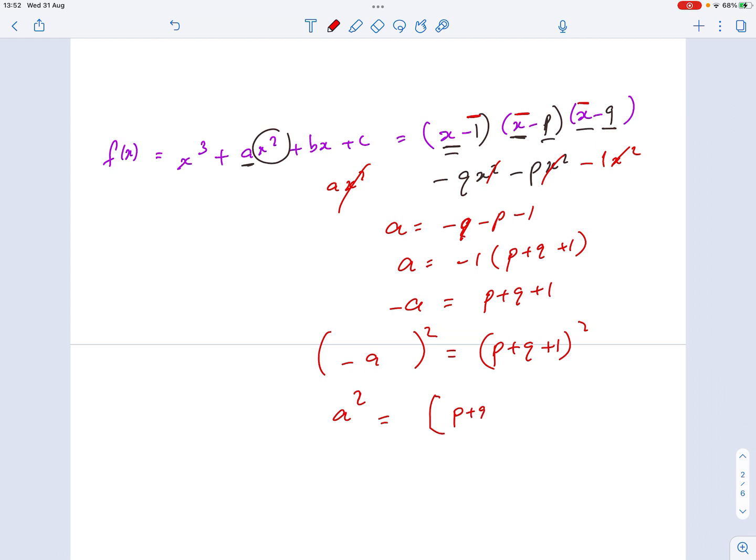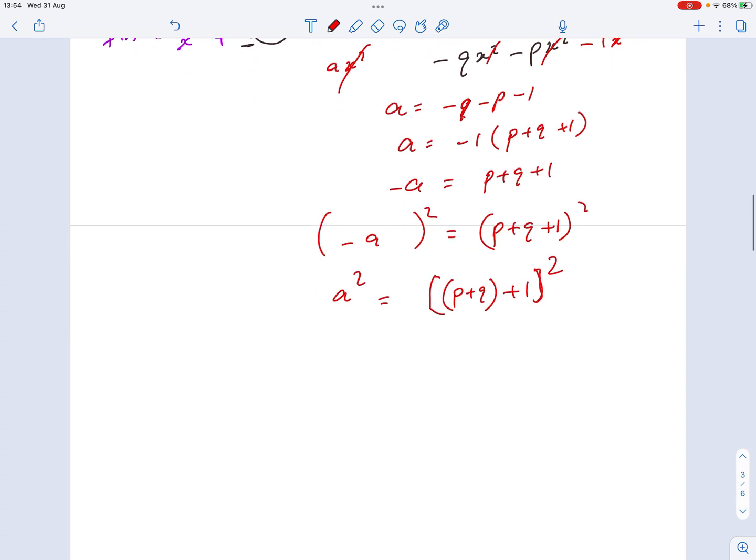I'm going to write this a little bit differently. Okay, plus 1 squared, and then expand that. So this is p plus q squared plus 1 squared, expanding quadratic equation, right? I'm just applying that. So a squared plus b squared plus 2ab. So applying that here.